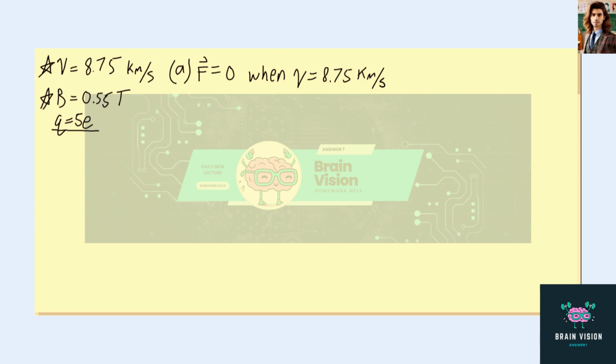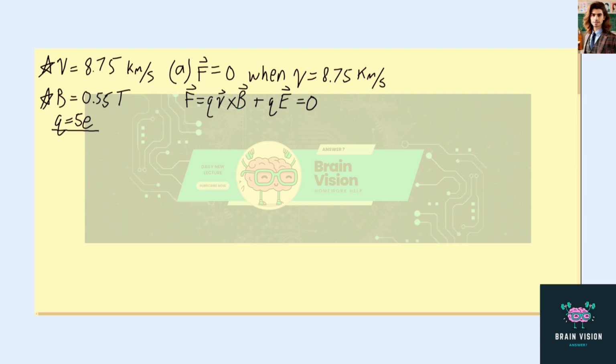Thus, they'll be moving at a constant velocity. So our net force here is going to be the magnetic force, which is qv cross B, plus the force due to the electric field, which is qE. This is what we want to be 0.